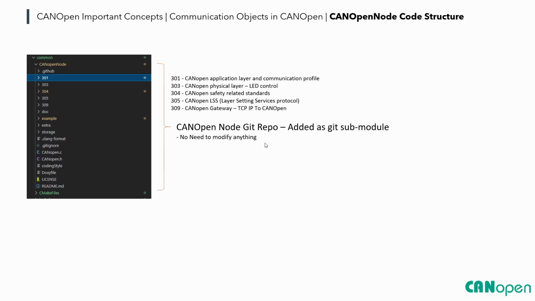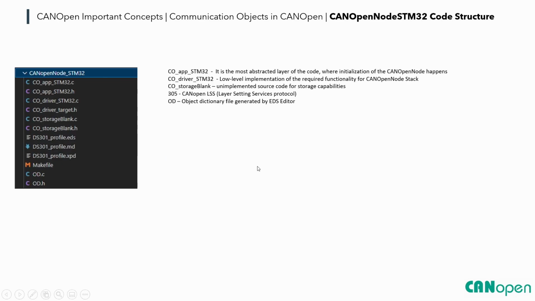Usually you don't need to touch it. You just clone it using git, and that's it. So that's the base of the stack. Then for STM32 we have another folder, which is the porting for STM32.